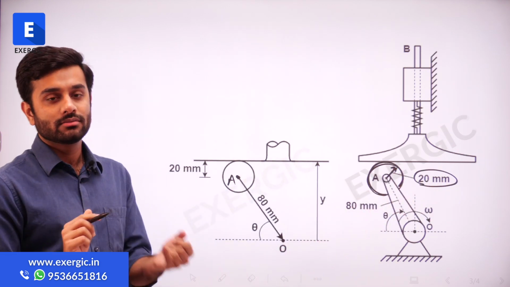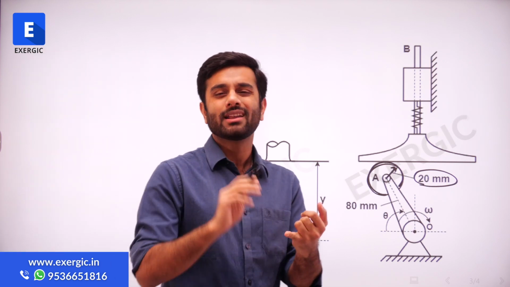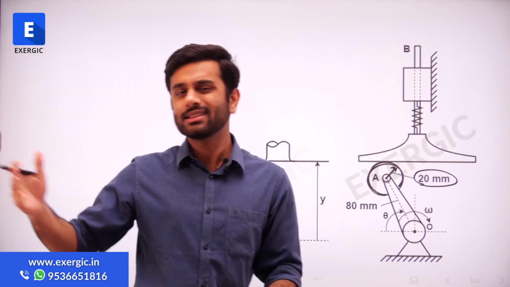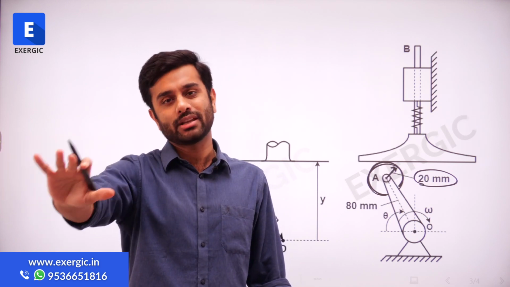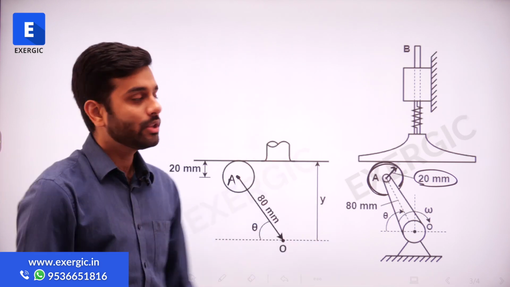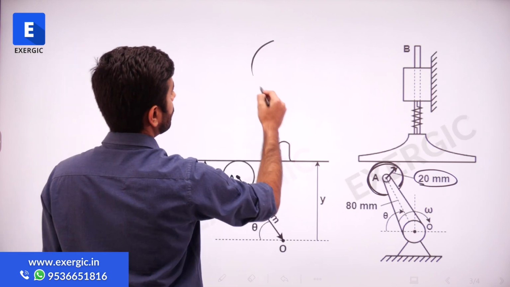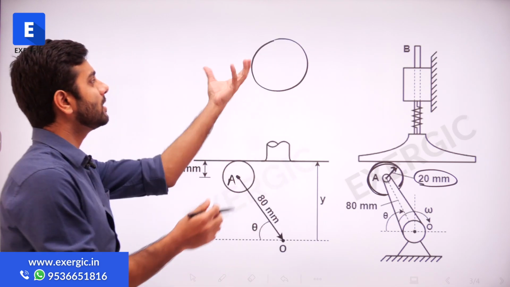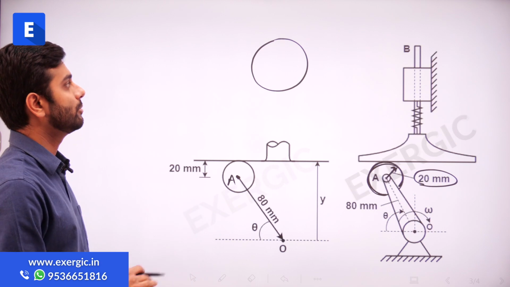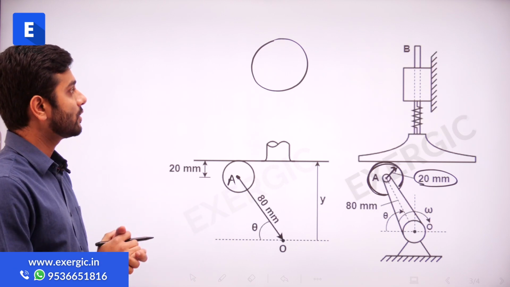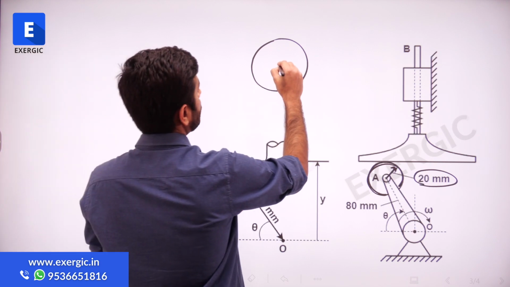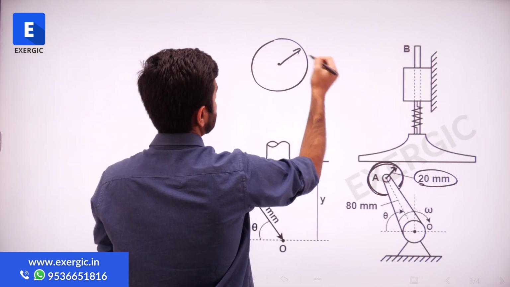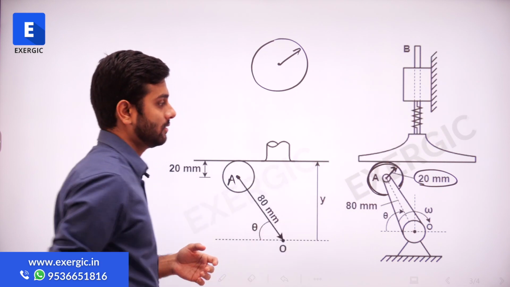There's one special note I will tell you. Again, something which I have told you earlier. I'm sure I have told you this in mechanics also and in strength of materials also. Whenever you have been given a circular shape, it could be a sphere, it could be a cylinder, it could be a thin disc, or just a circle, and you have been mentioned something about its dimension, like here 20 mm is written, right?